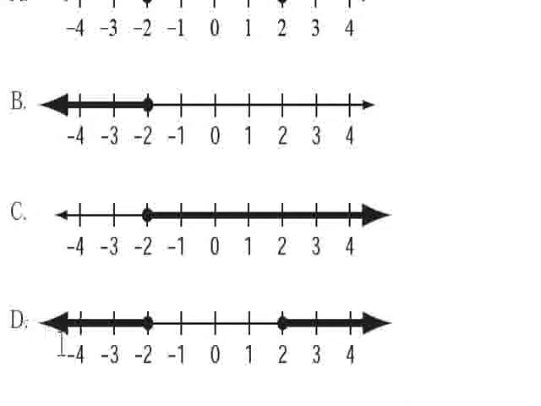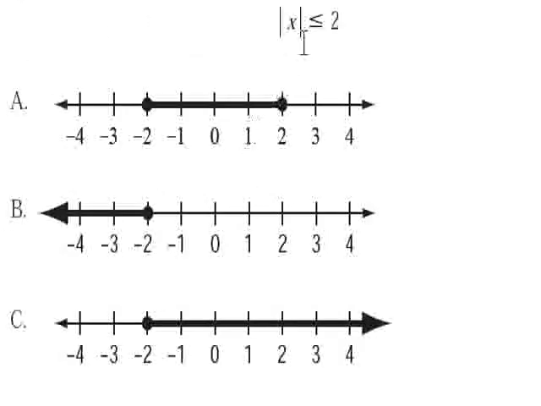So let's look at D. D graphs all the x's equal to or less than -2 and equal to or greater than 2. Well, let's see if that works. Let's pick -4. If I put -4 in for x, the absolute value of -4 is 4. That's not less than or equal to 2. So D is out.